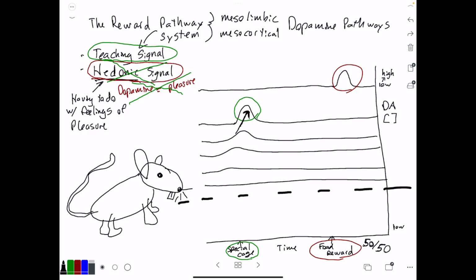The other half the time there is a reward whenever the rat is put into the special cage. And so 100% of the time we get the same dopamine signal. Okay? What happens if we change it to 50% of the time? Any guesses?